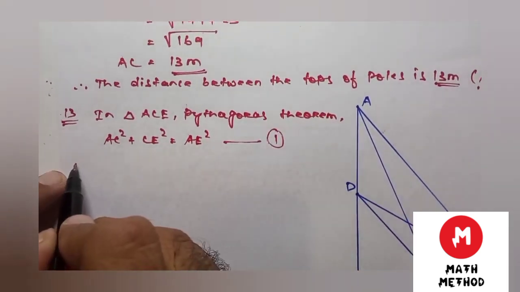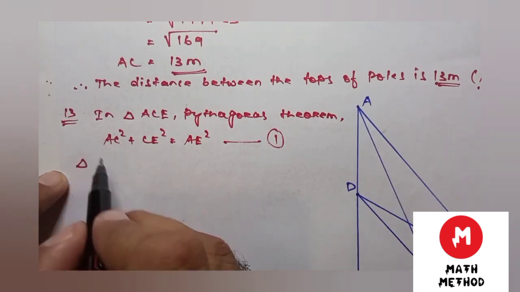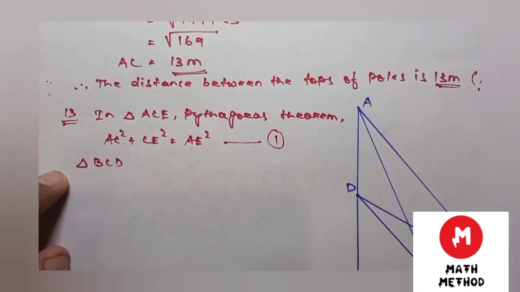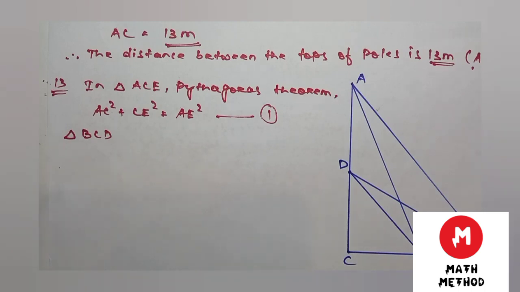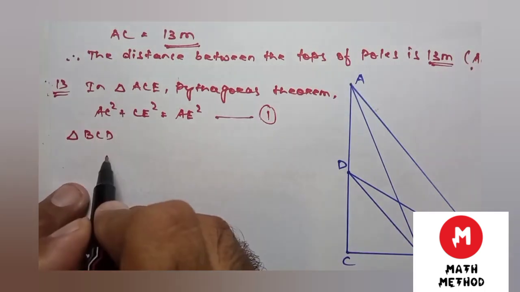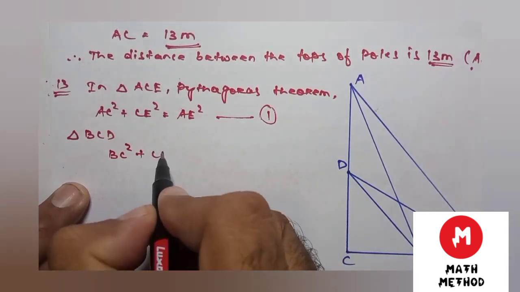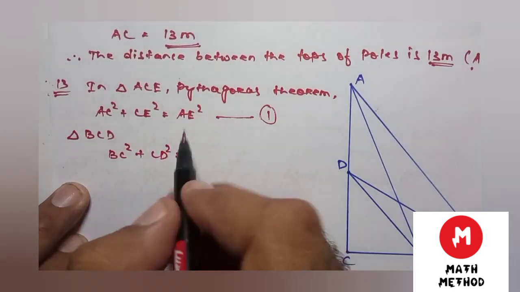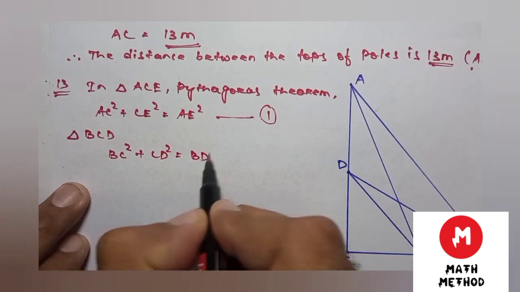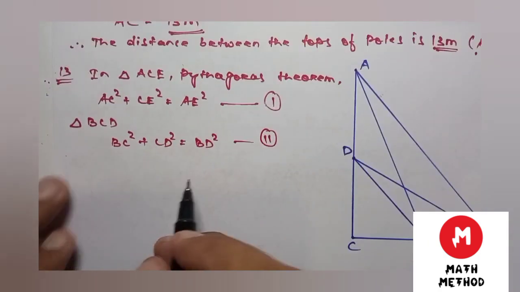And in triangle BCD, again by Pythagoras theorem we will get BC square plus CD square, which becomes BD square. This is our equation 2.